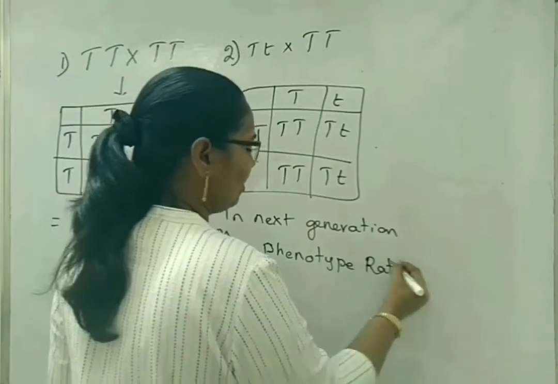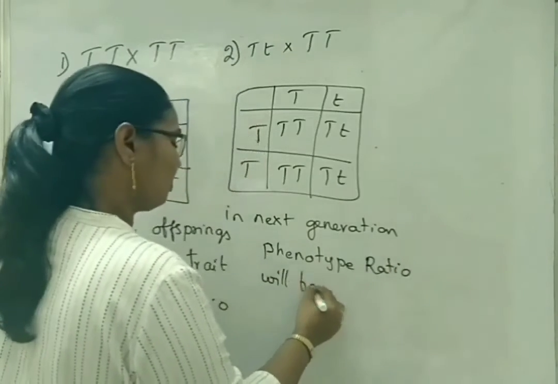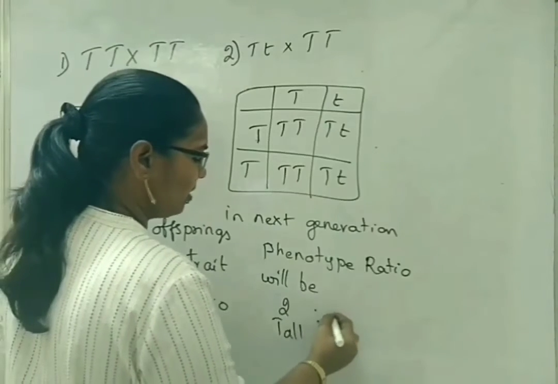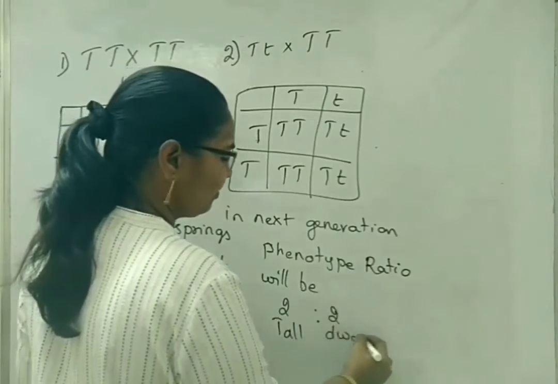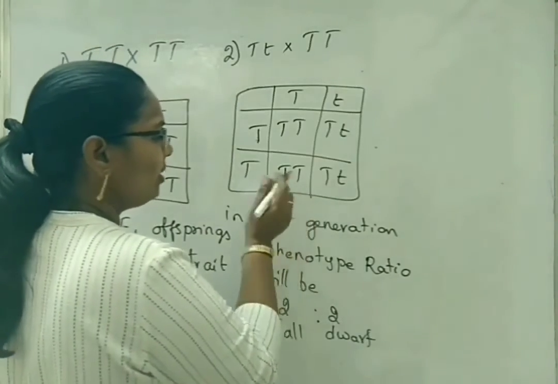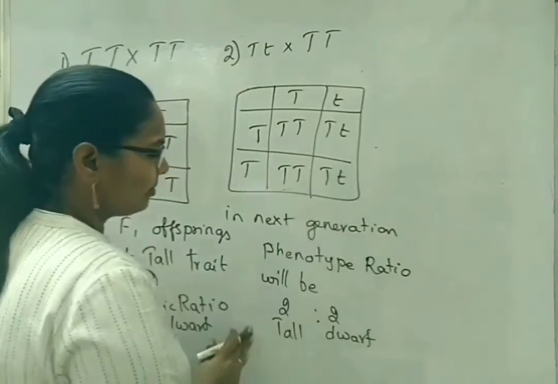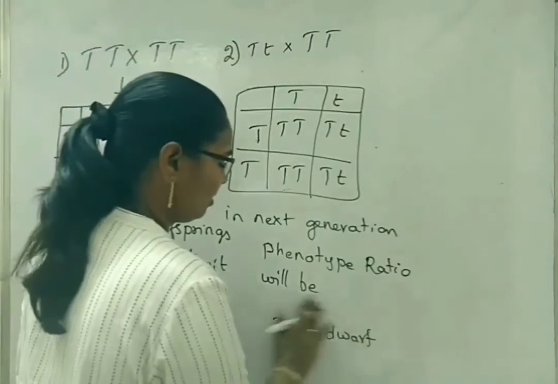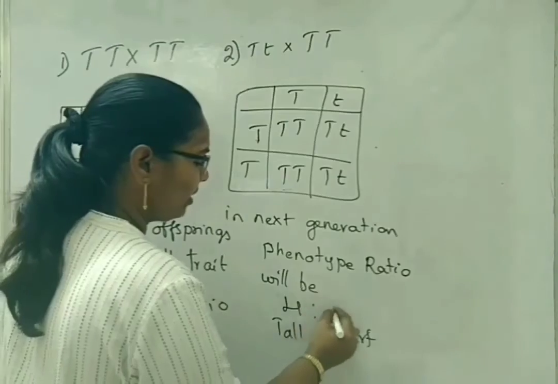Ratio will be 2 tall is to 2 dwarf. 2:2 ratio, because 2 are purely tall. These are also tall, but phenotypic ratio we can take, tall is to dwarf, all are tall. Again here it is 0.